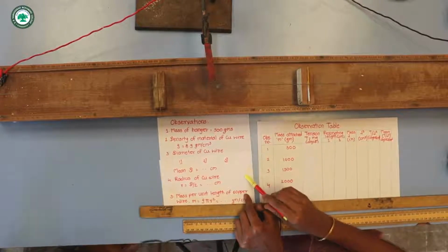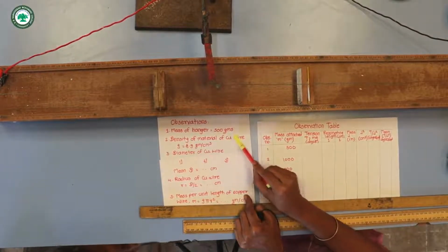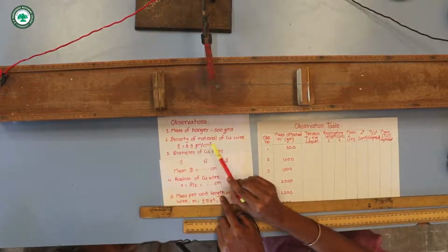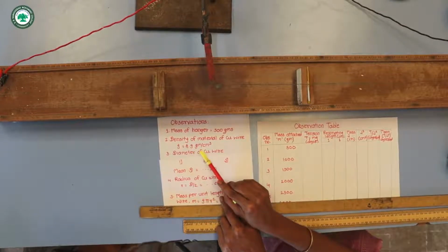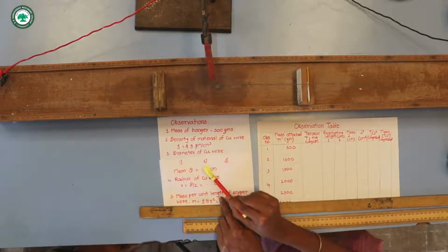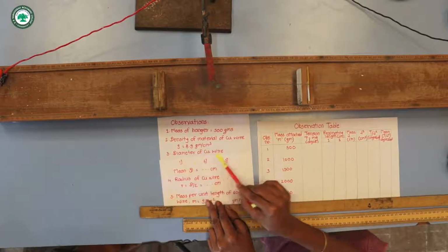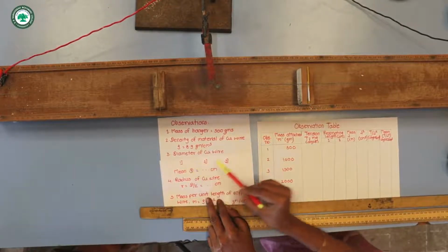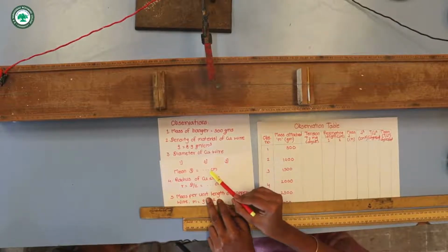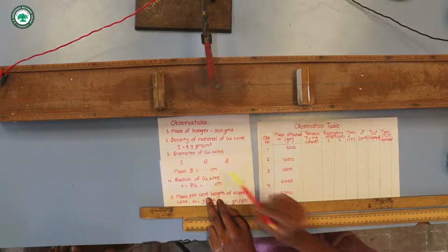Now observations for this experiment are, first is the mass of the hanger which is 500 grams, second one is the density of material of copper wire, rho is equal to 8.9 gram per centimeter cube, and third one is to observe the diameter of copper wire. One has to take the diameter by using a micrometer screw gauge by taking 3 different readings and taking the mean D, which is equal to ... centimeter.